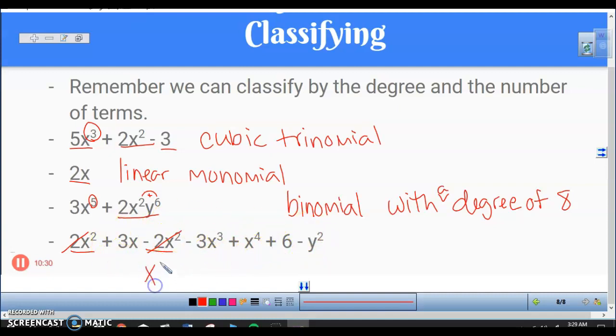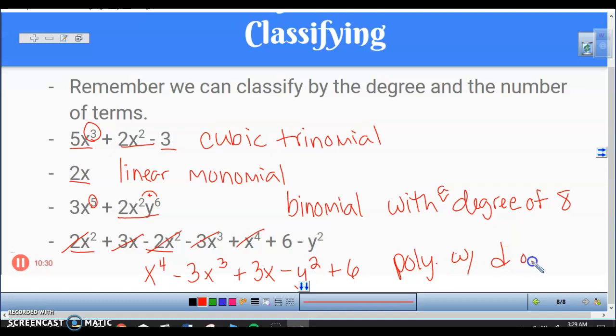The highest exponent is x to the 4th minus 3x to the 3rd plus 3x. Then I will go alphabetically to my y variables, so minus y squared, and then my constant term plus 6. So this is still a polynomial with a degree of 4.